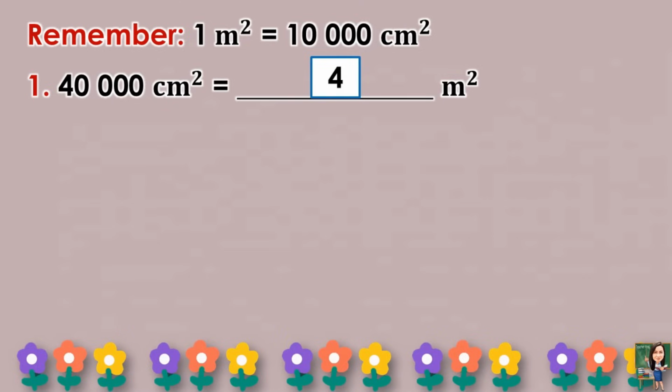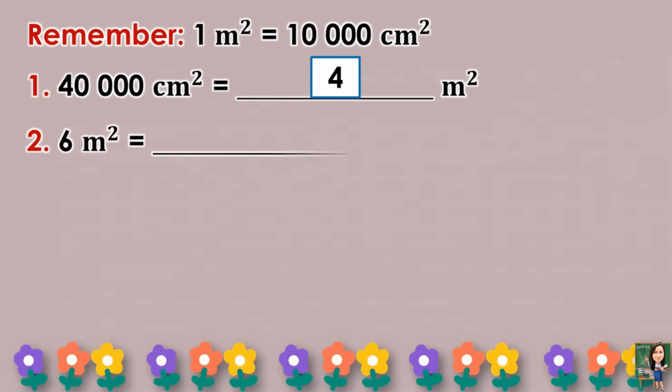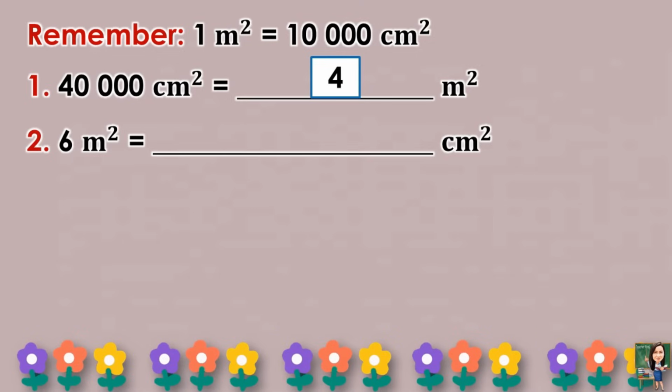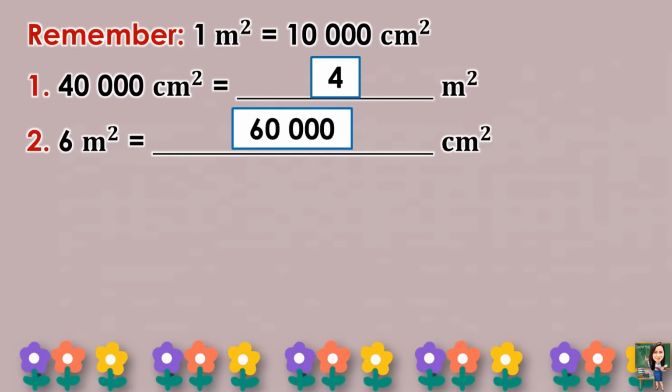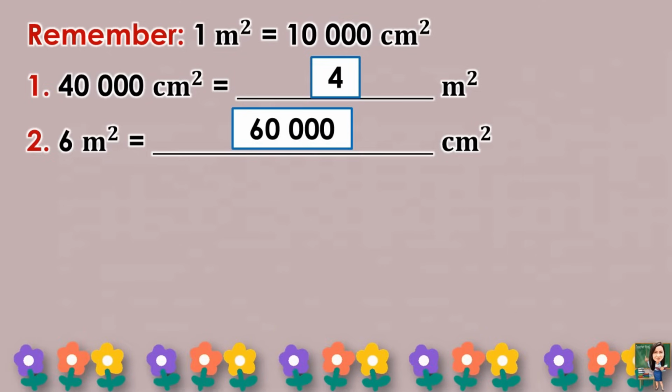Why? Because we divide 40,000 by 10,000. Number 2. 6 square meters is equivalent to blank square centimeters. Very good. The answer is 60,000 square centimeters because we multiply 6 by 10,000.